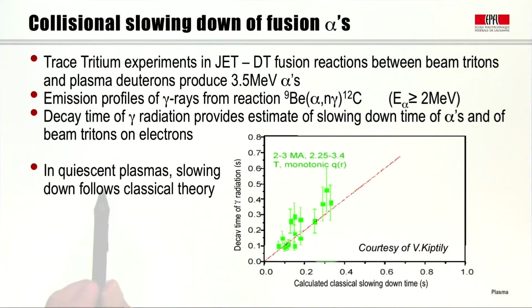So in these plasmas, which are quiescent, so we don't have any major instabilities present, the slowing down that we observe indeed follows classical theory. So everything seems to work according to what we expect.